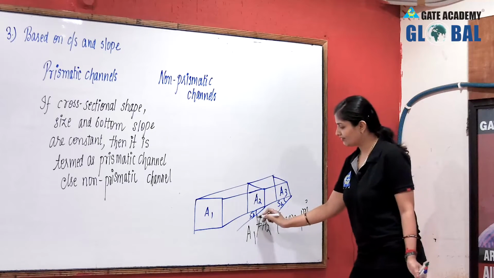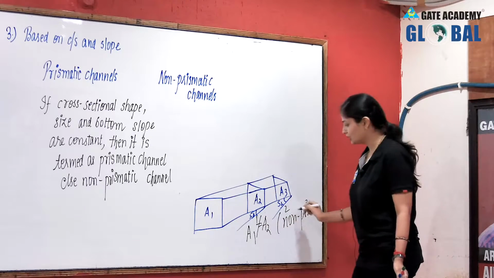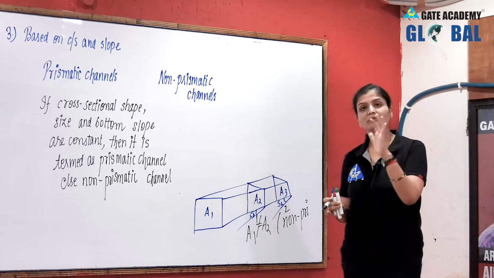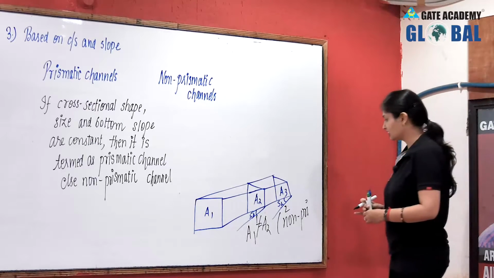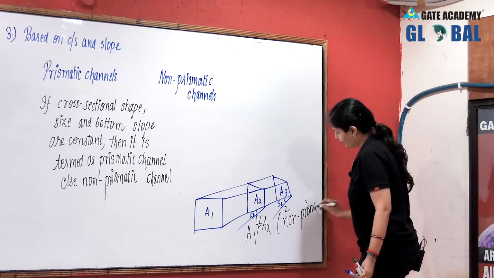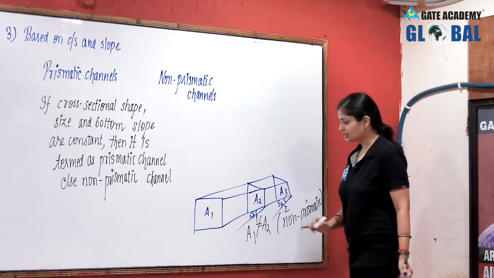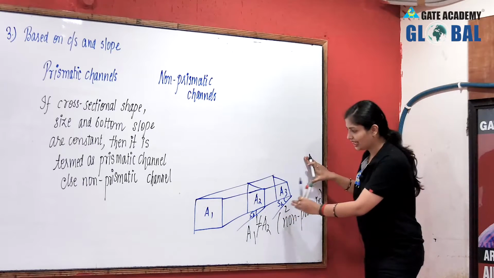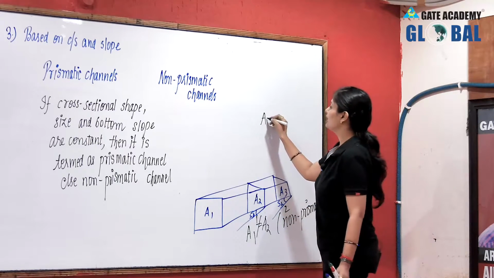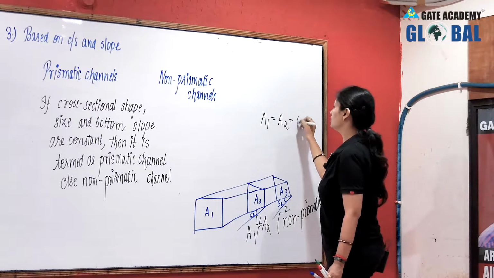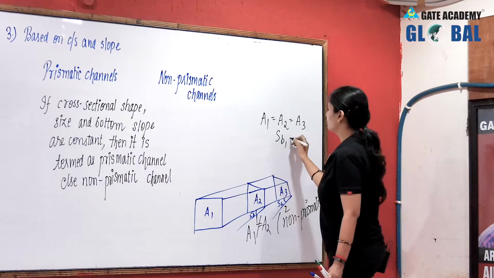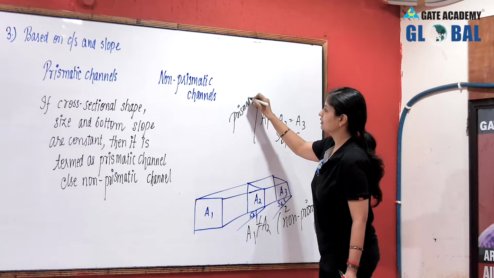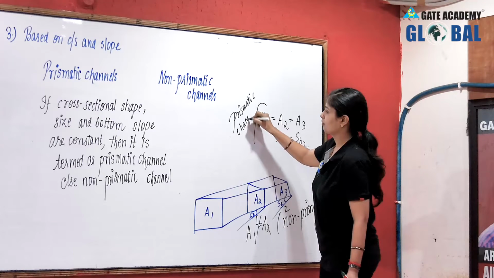I'm not interested whether SB1 or SB2 is equal or not. If any of the parameters vary, then it will be the case of a non-prismatic channel section. While in this figure, although it does not appear that all three areas are equal, if I say A1 is equal to A2 is equal to A3 and the bed slope is equal, then this will be the case of your prismatic channel.